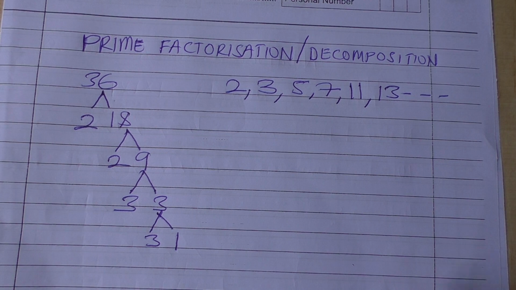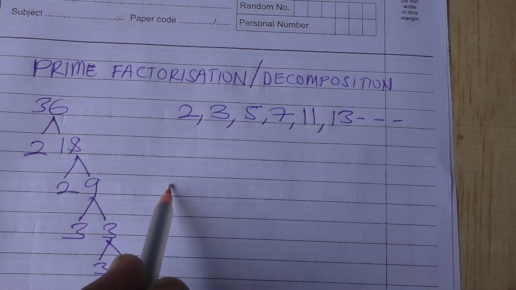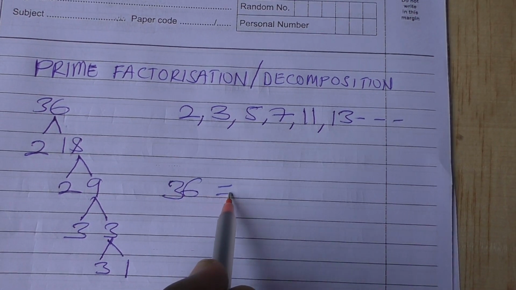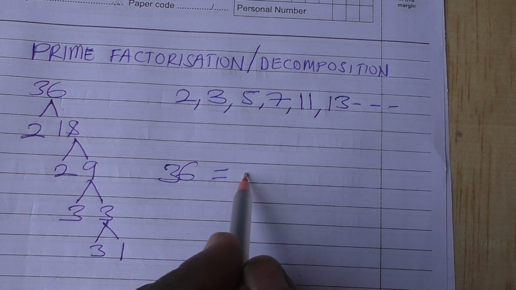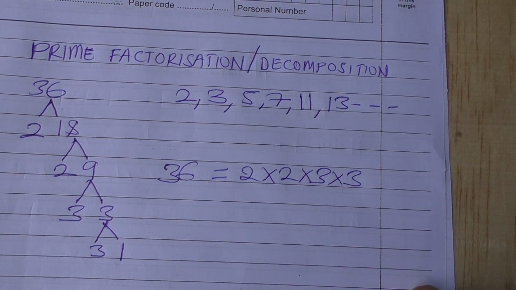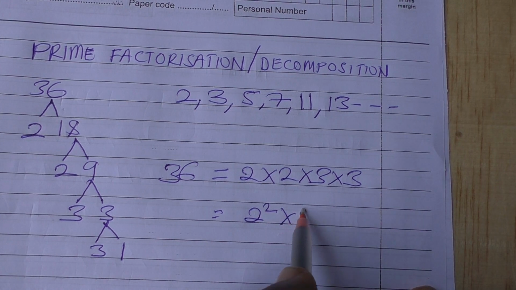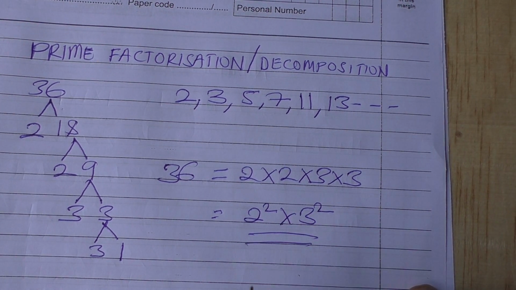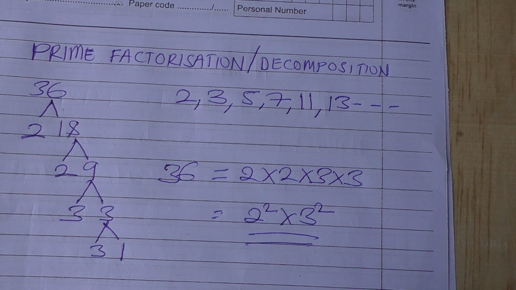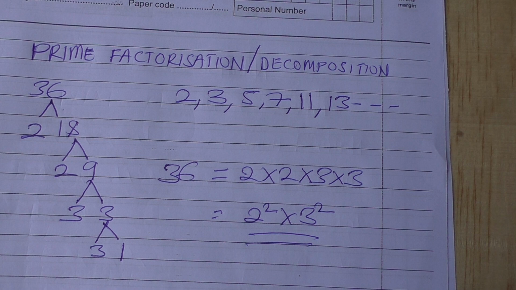And now after decomposing 36, we shall have 36 as the same as 2 times 2 times 3 times 3, which is also 2 squared times 3 squared. So we have expressed 36 as a product of its prime factors.